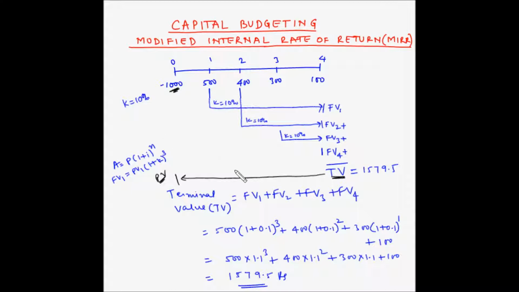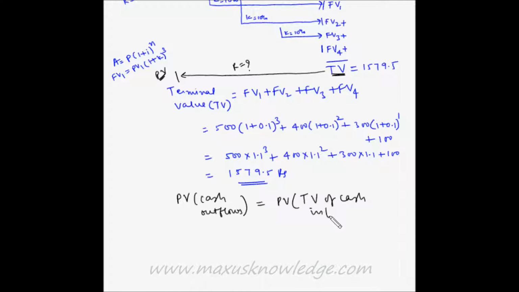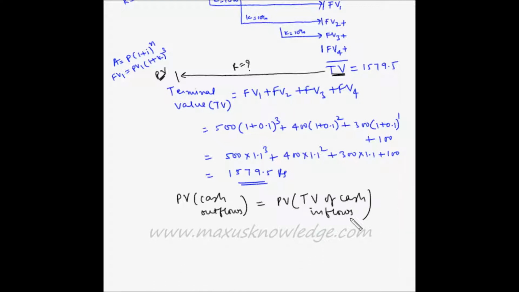And we have to find at what rate that will happen. So basically the present value of the cash outflows has to become equal to the present value of the terminal value of the cash inflows. And we have to find the rate at which this happens.